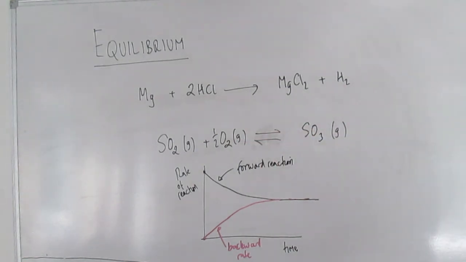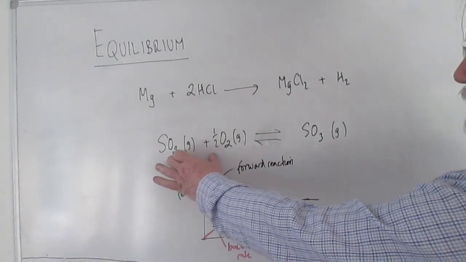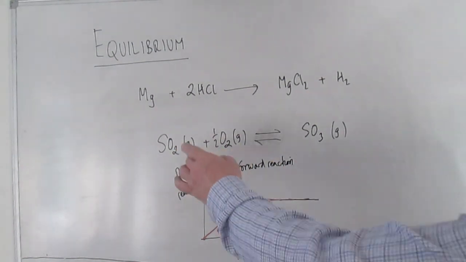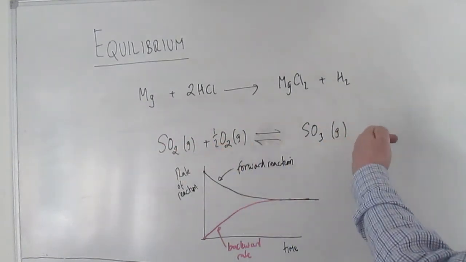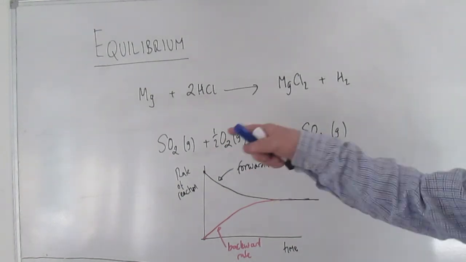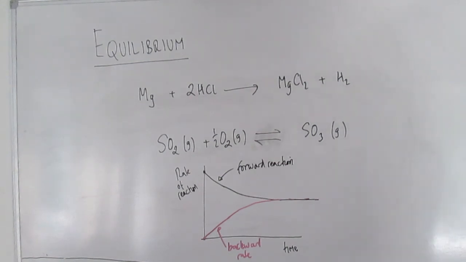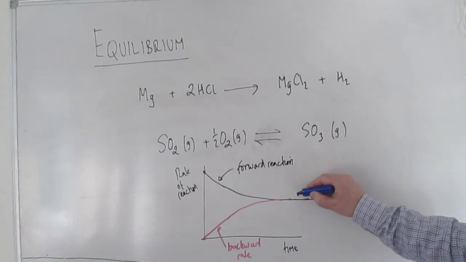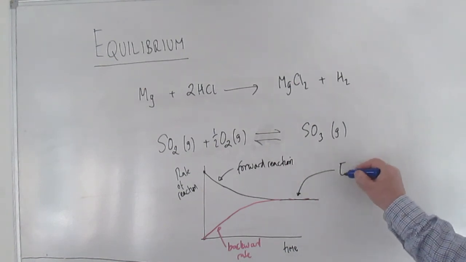So all the time, SO2 and oxygen molecules are reacting with one another and turning into SO3, but at this point the concentration of these stops changing, because as fast as they're being destroyed by the forward reaction, they're being formed by the backward reaction, and so the rates are exactly balanced, and therefore the concentrations stay the same. And that is equilibrium, okay, where this levels off here.